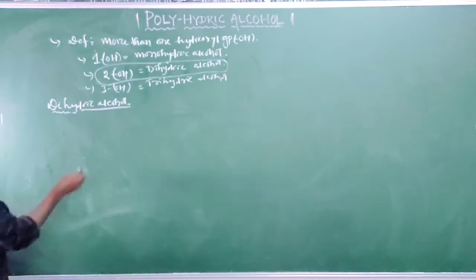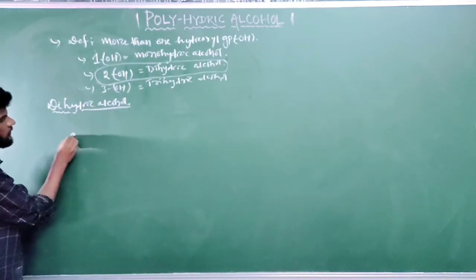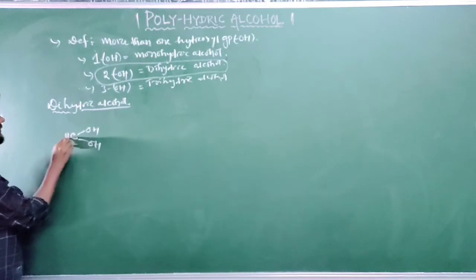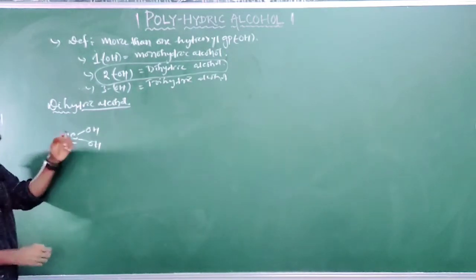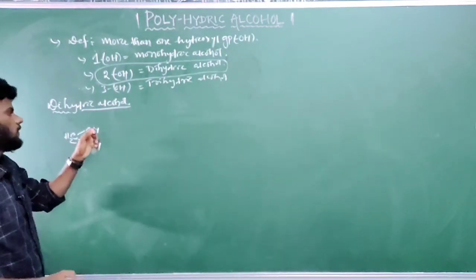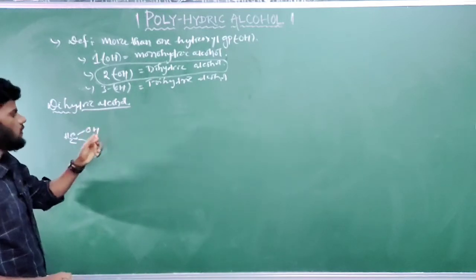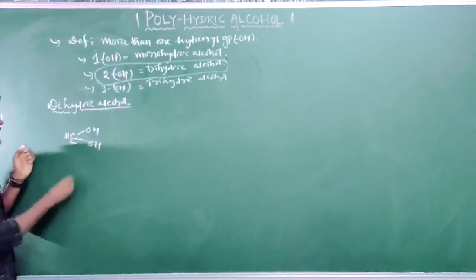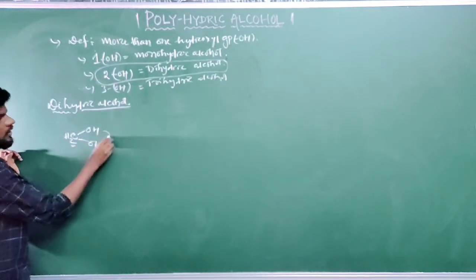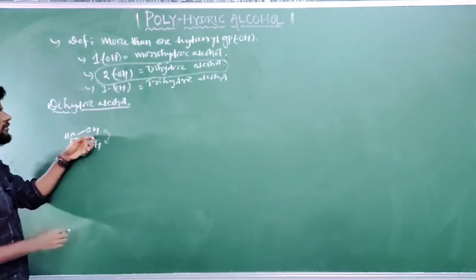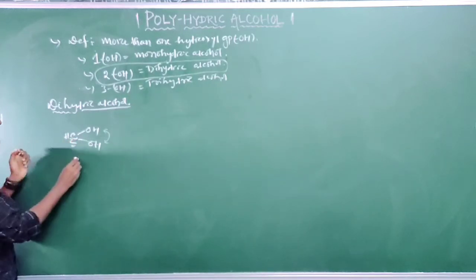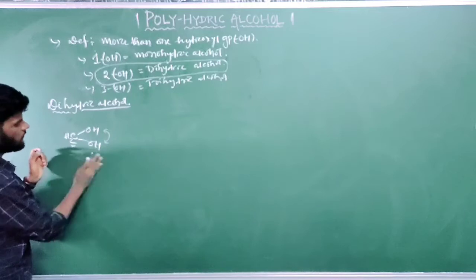Just see the green board. Here carbon CH2 with two hydroxyl groups. If in a compound there are two hydroxyl groups, then we call it dihydric alcohol. In this compound the two hydroxyl groups are attached to one carbon center. This is form 1.